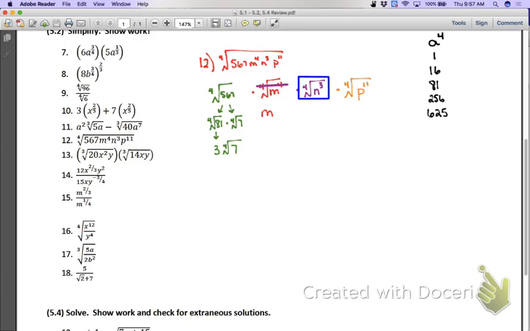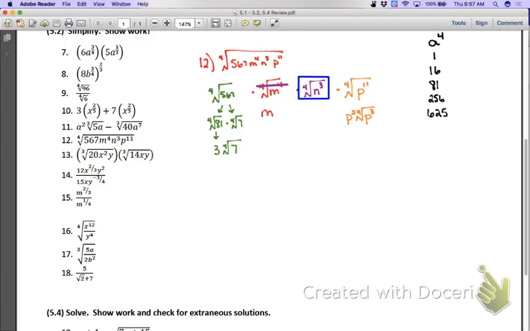So I can have p to the second times the fourth root of p. How many p's do I have left over inside? If I have 2 groups of 4, how many is that? 8. So how many do I have left over? 3. So I have p squared times the fourth root of p to the 3rd.